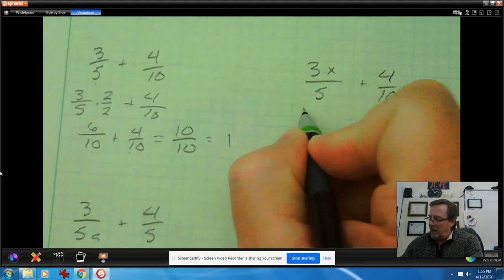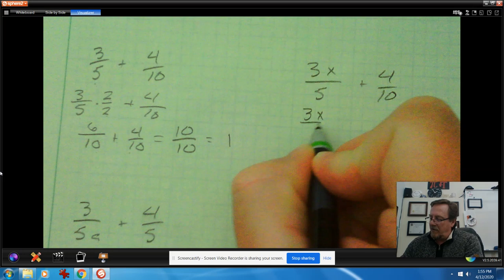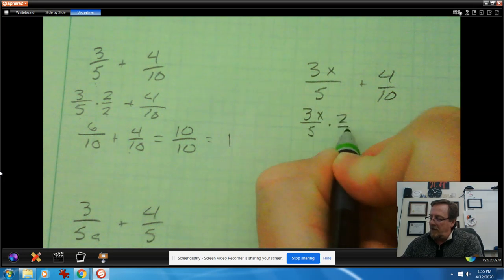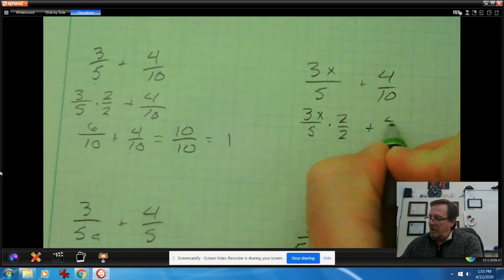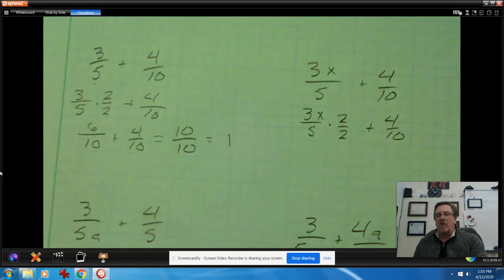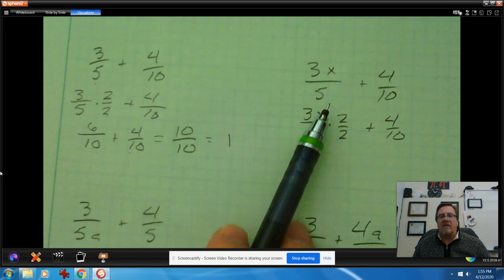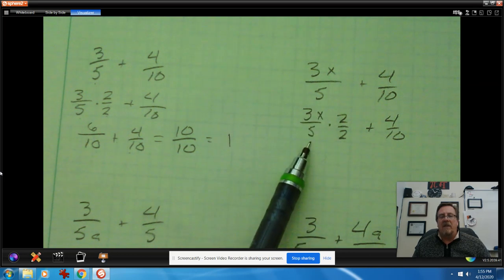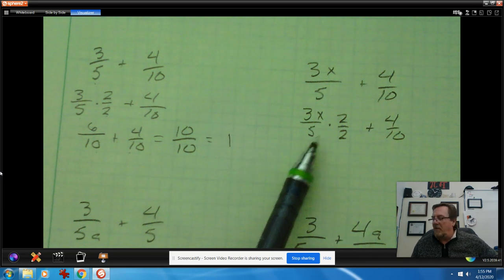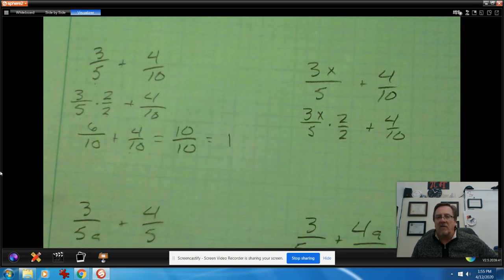So I'm going to take 3x over 5 and multiply it by 2 over 2 and then add to 4/10. Again, I'm not changing the value of this fraction. 3x over 5 is really an equivalent fraction when I multiply by 2 over 2. 2 over 2 is just 1. And when I multiply by the number 1, it doesn't change the value.